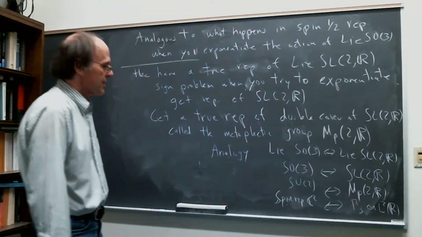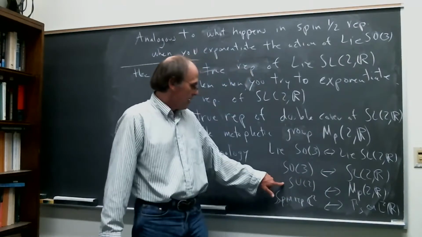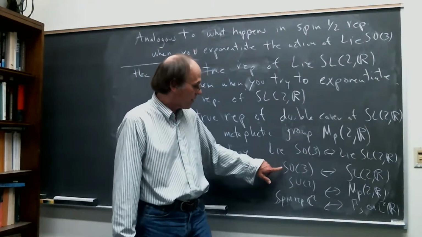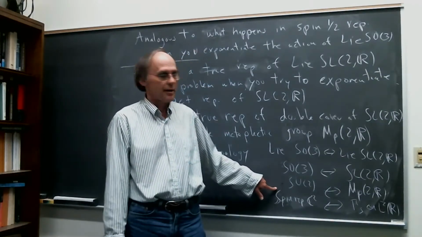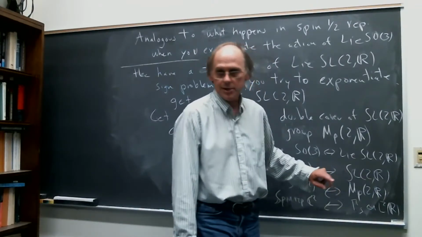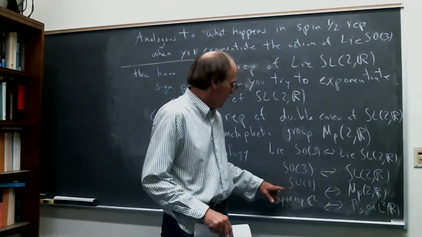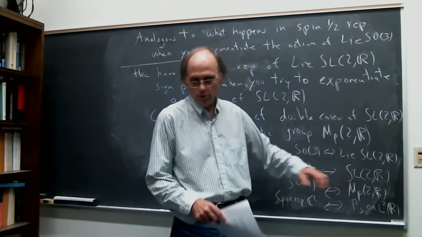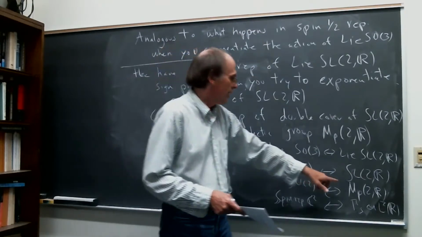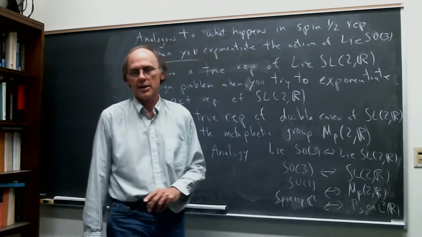But the other thing to say, one reason this is a lot more subtle, is that here the existence of this double cover is kind of topological, with very topological reasons why there's a double cover. Here it turns out SL2R actually has lots of covers. There's a non-contractible circle in SL2R which allows you to construct covers of any order you want. And for some reason it's this particular double cover that occurs, and that's interesting.